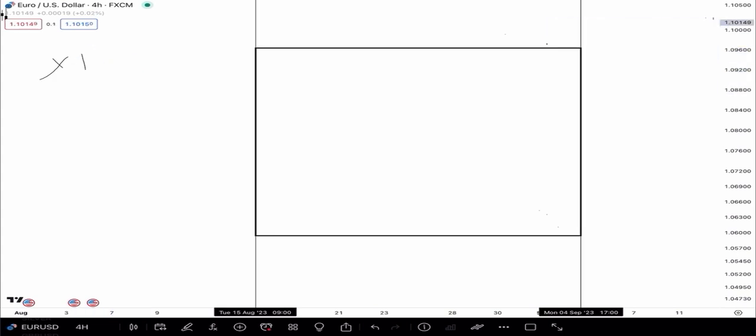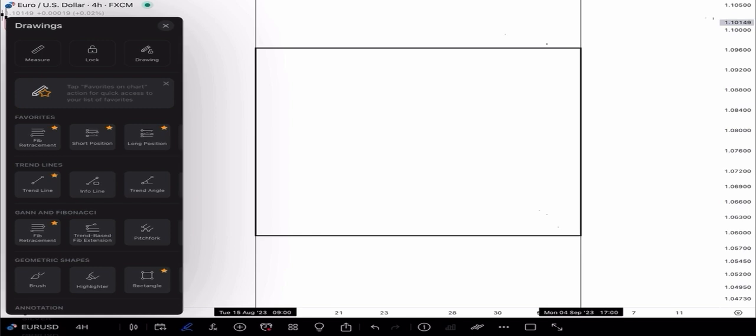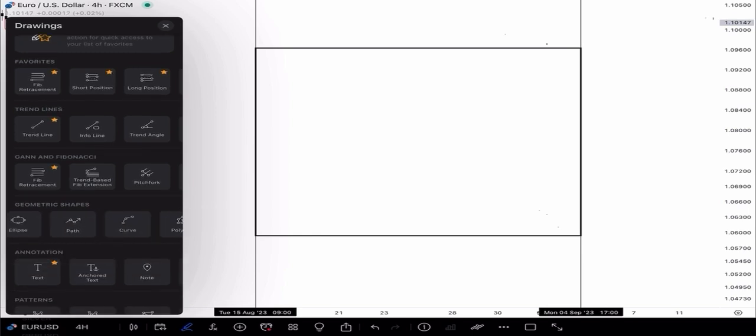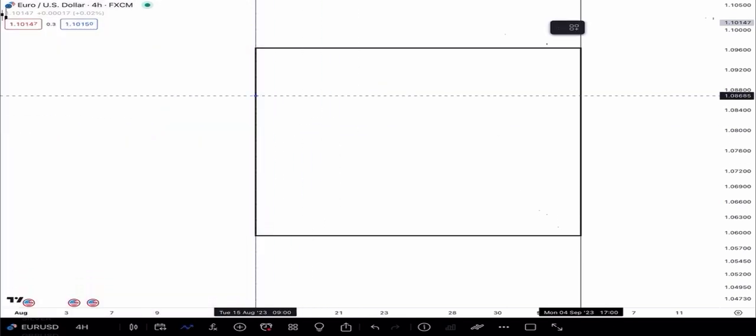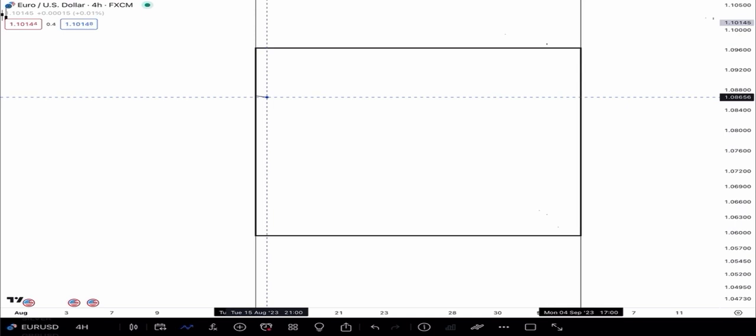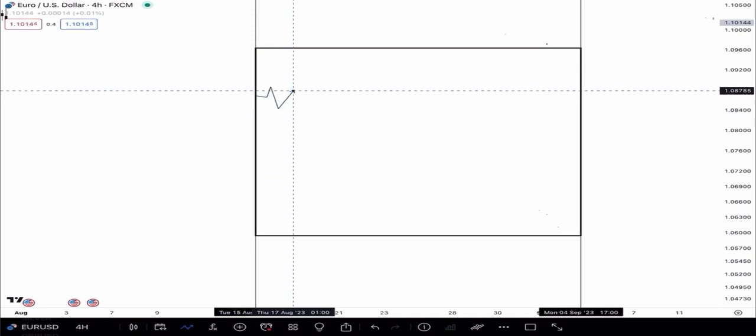Now, to put it really, really extremely raw, just the bare bones idea is open, right? Accumulation, a little bit.